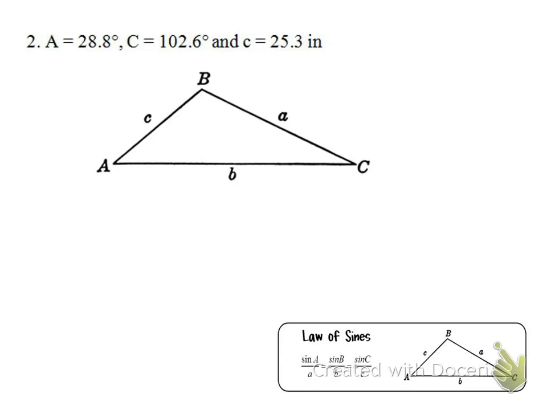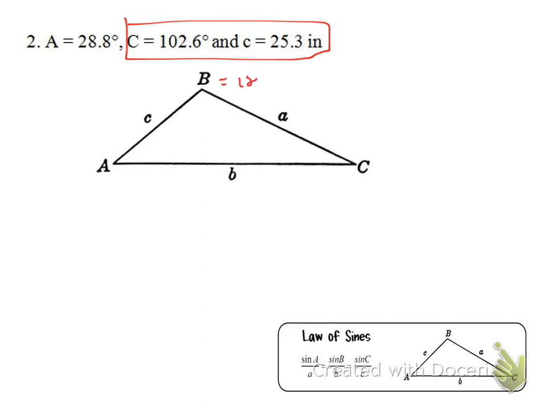And again, it doesn't matter what angles we're missing, what sides we're missing. What we're really looking for is what angles and opposite sides do we have to put together to use in our proportion. So here we've got angle A, angle C, and side C. Well, angle B is really, really easy.